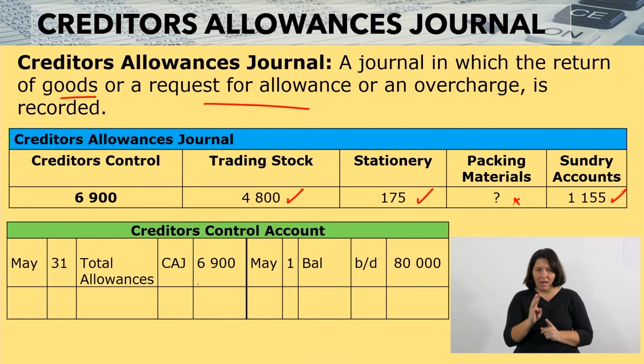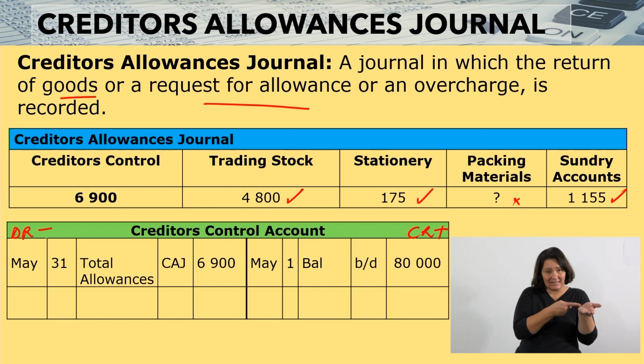Is it going to increase our creditors control balance or decrease the creditors control balance? You will see that it will decrease. Why do I say that? Because our creditors control account is a liability account. It increases on the credit side and it will decrease on the debit side.